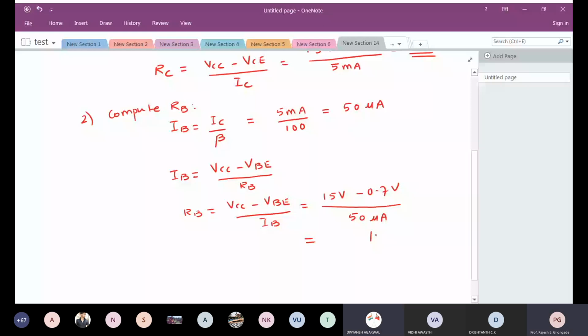What is the value? 286. Yes, it is 286 kilo ohms. So you have found out the resistor value for the base, and that completes the design.